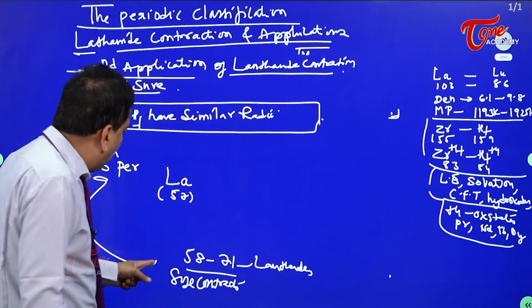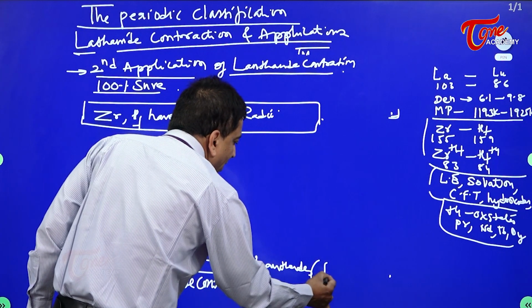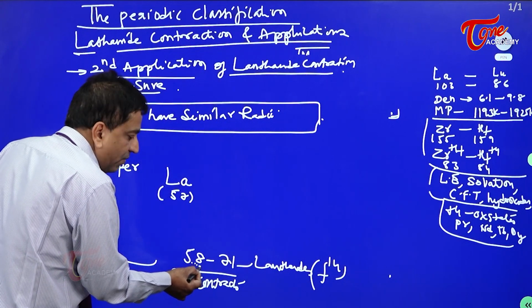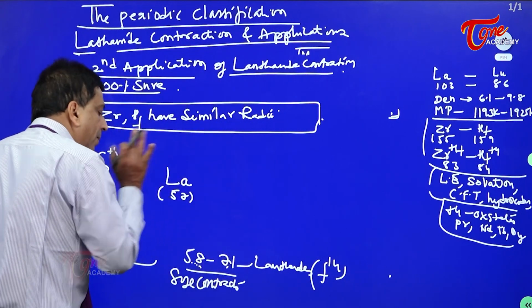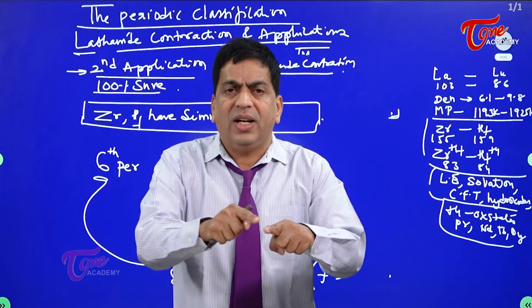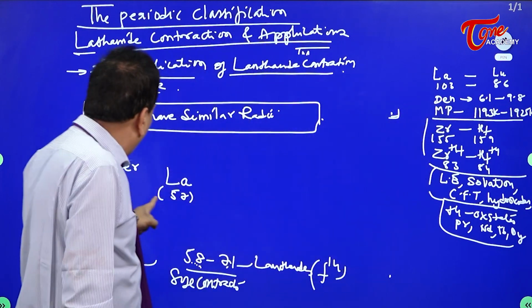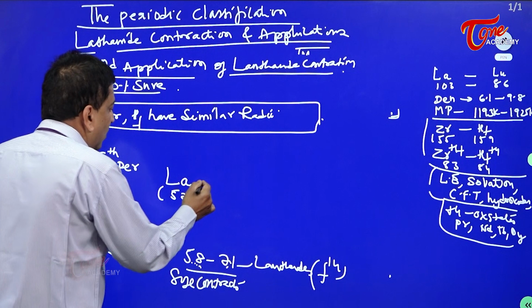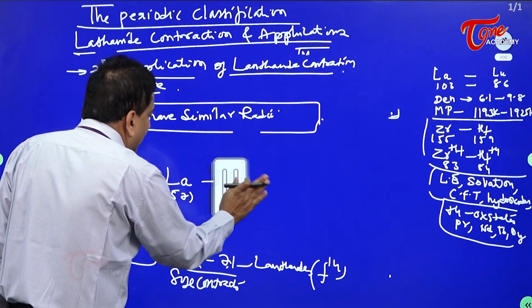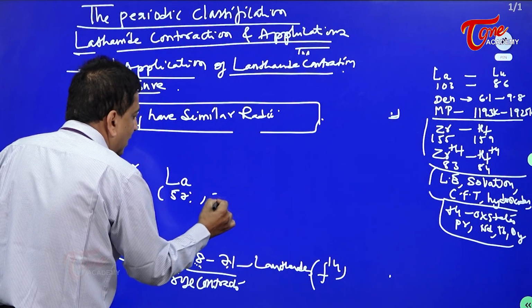When you are putting it at the bottom, the size is contracting, and after filling F1, F2, F3, F4, F5, F6, F7 up to F14, you climb up. So in the printed periodic table, after 57, you expect 72.